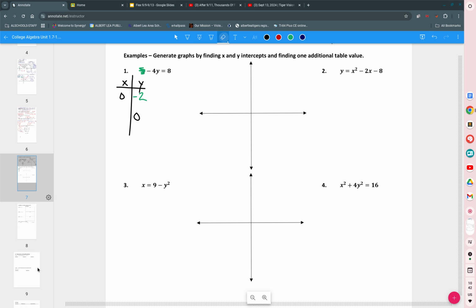And then, if you made your y value 0, you can see that x is just 8. So that little trick told us right away that we have y and x intercepts of negative 2 and positive 8.